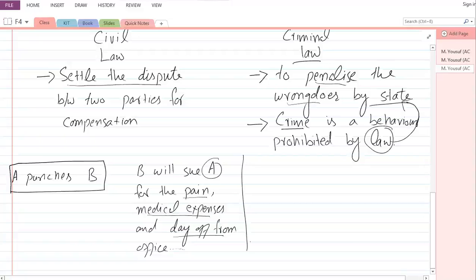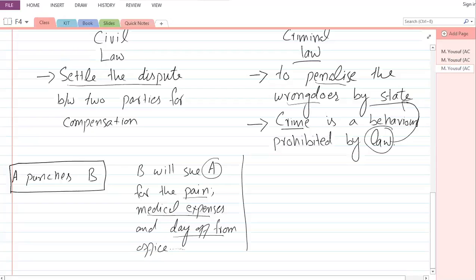Whereas in criminal law, A was indulged in a crime because he punched B. So if everyone starts punching others, this behavior is not acceptable by law because it will create abuse of social rights.